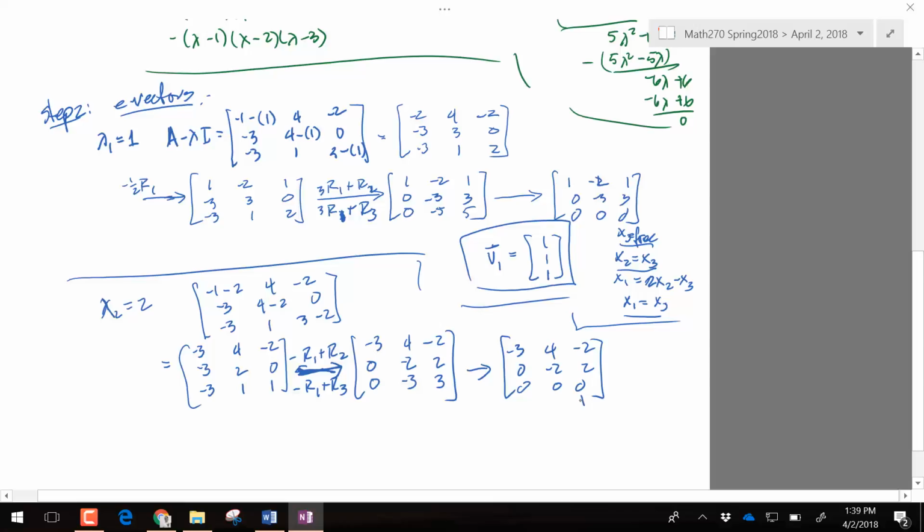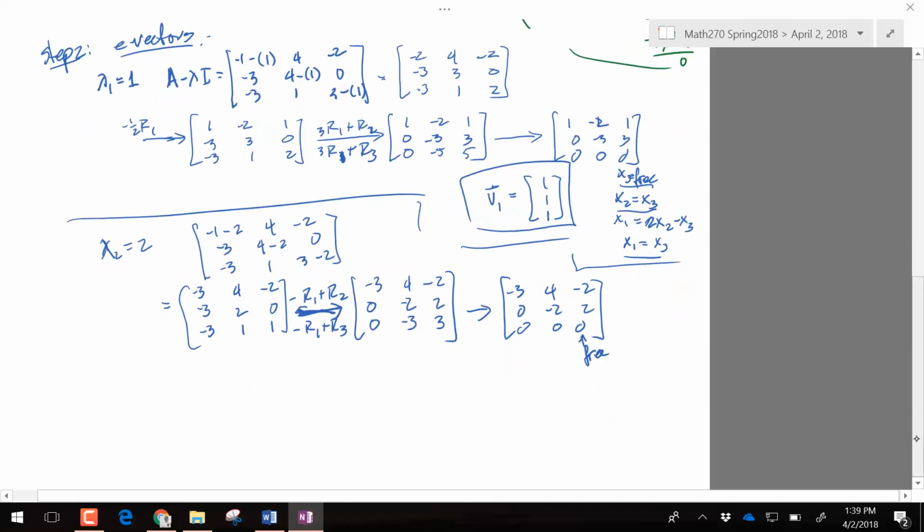So again, we have one free variable, which means our eigenspace is going to be dimension 1. And we have x2 is equal to x3 again. X3 this time is going to be a little bit more complicated. Let's see. Oh, the next one. Sorry.